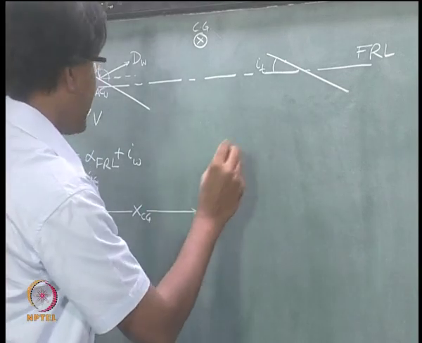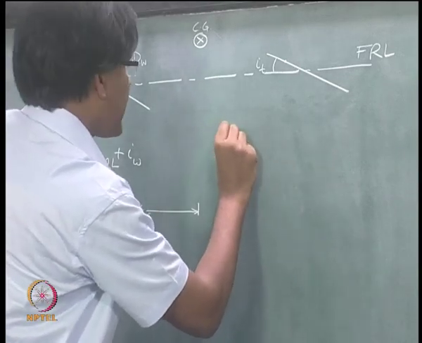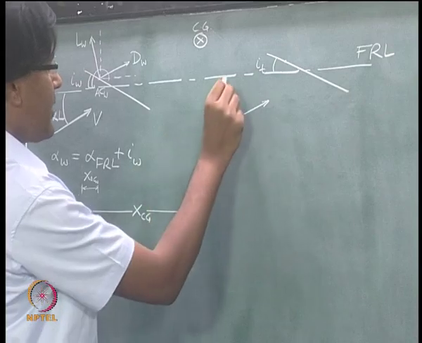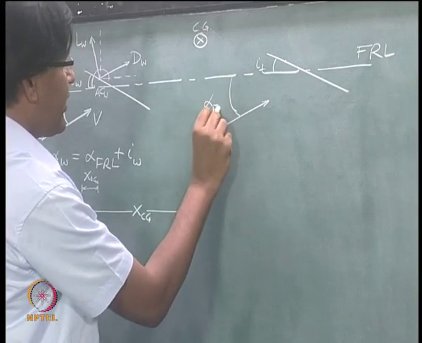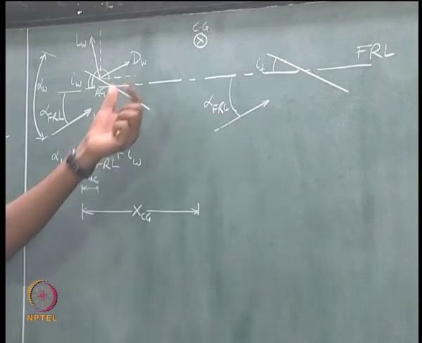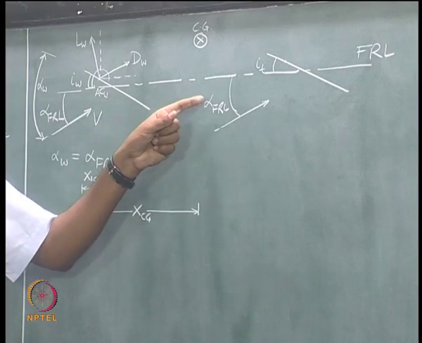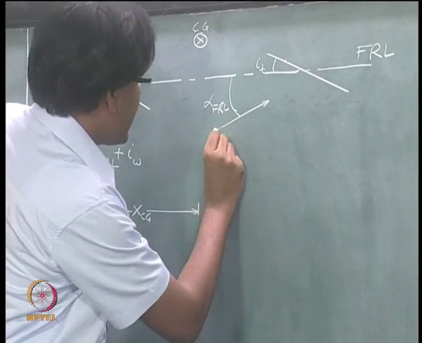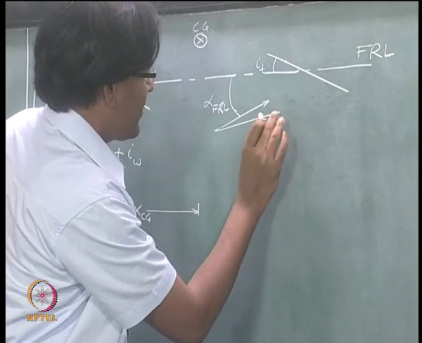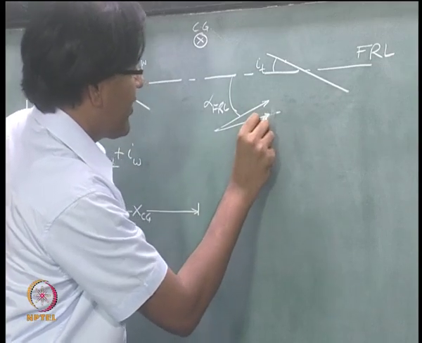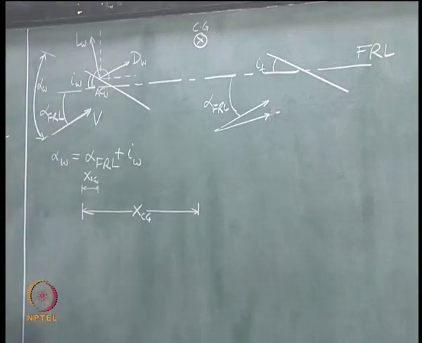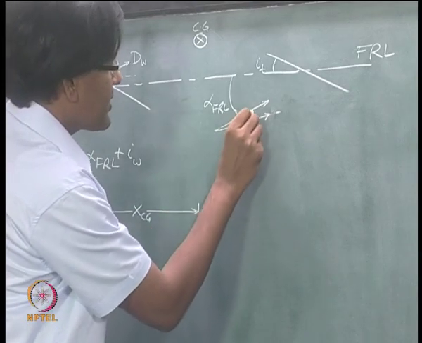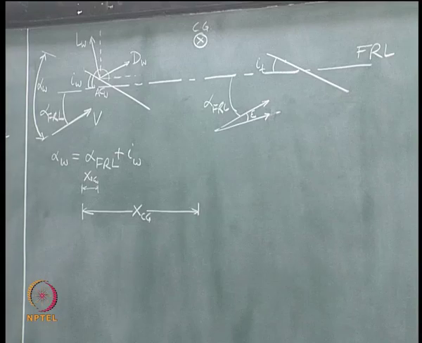So, this, if I draw a parallel to that velocity, is something like this, and let us say this is alpha FRL at the wing, okay, and here we are going to see a change in velocity, which is smaller than this velocity vector, right, and this angle is the angle of downwash.